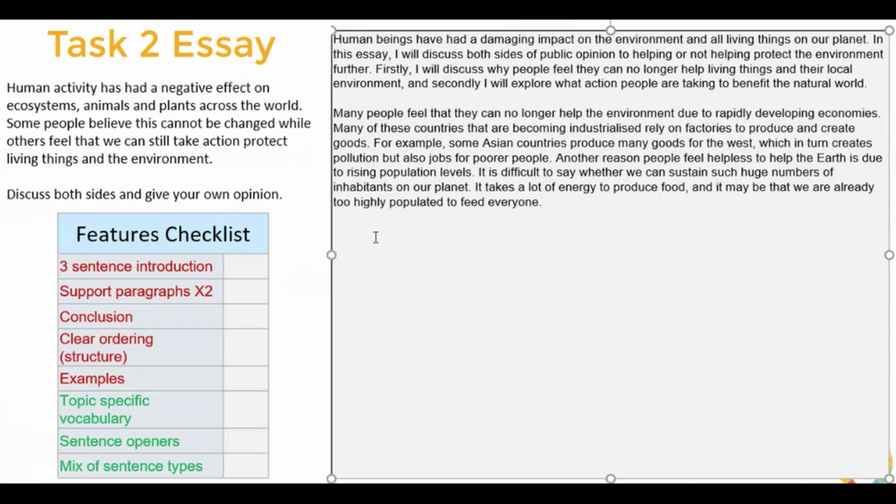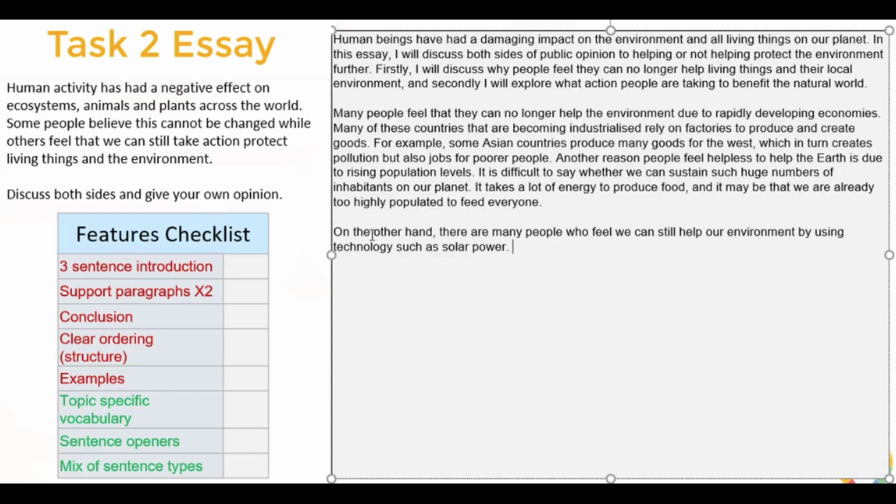Let's start with, on the other hand, there are many people who feel we can still help our environment by using technology such as solar power.